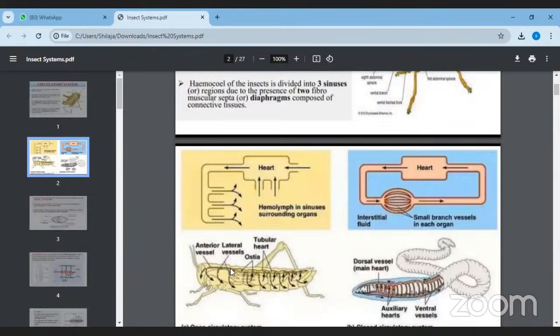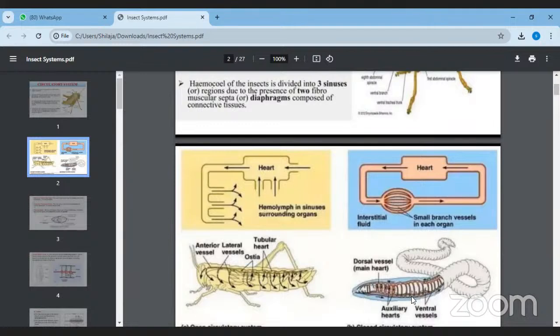So in the diagrammatic figure, this is an anterior vessel and these are the tubular hearts where we will see the circulation of this hemocoel in them.